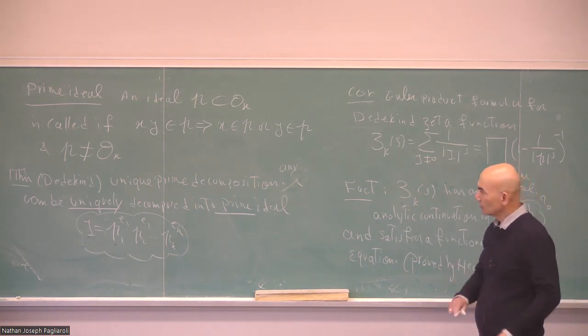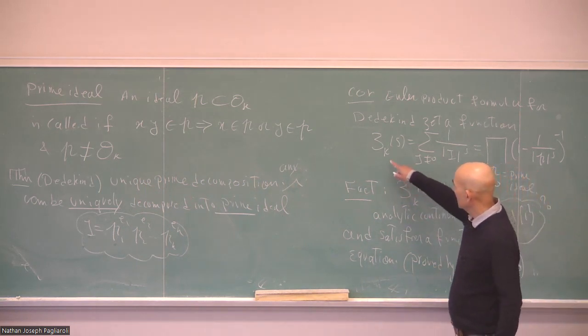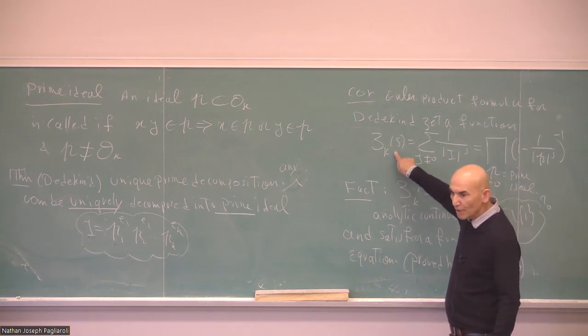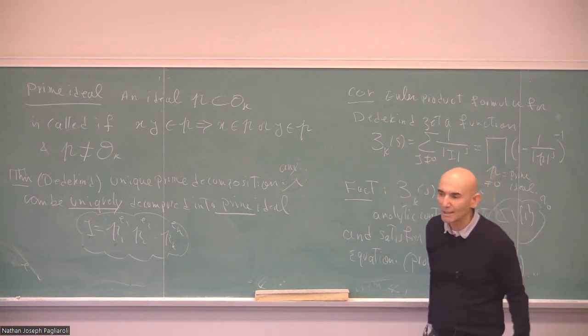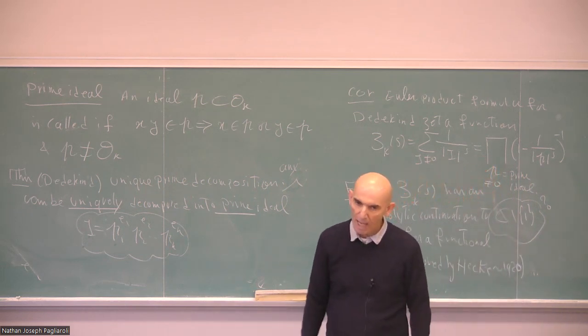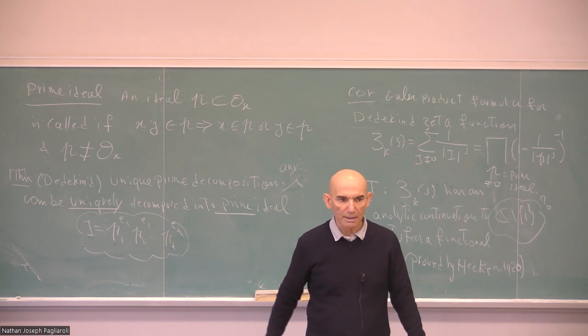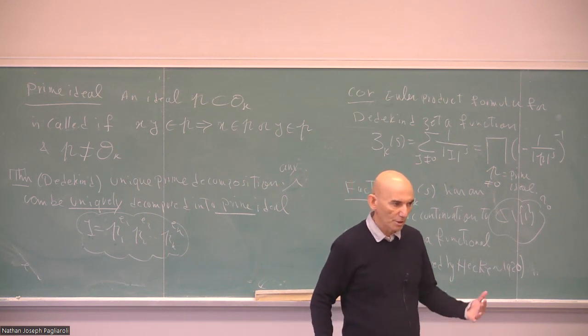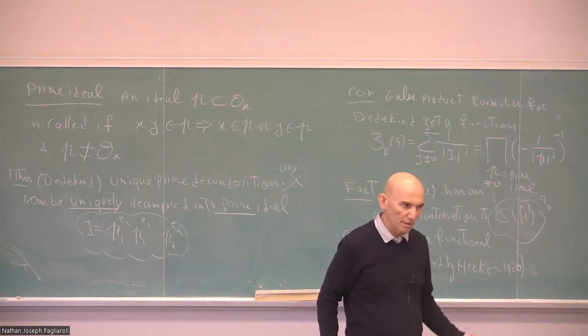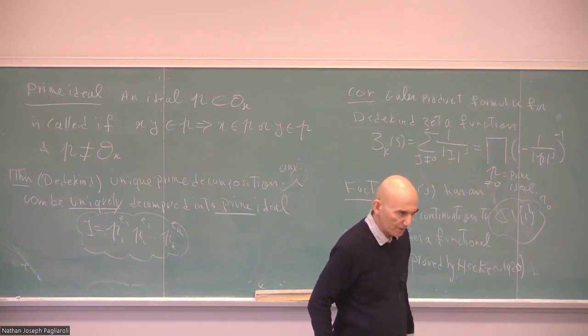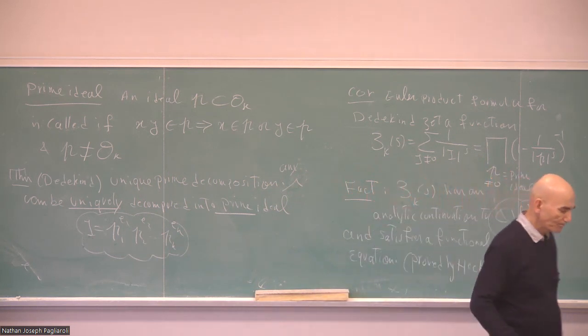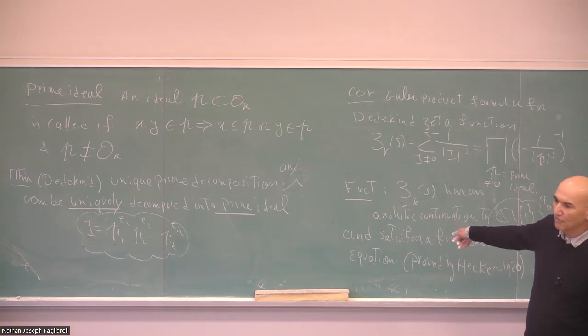So what I'm going to do then is study this zeta function for the special case of K equal to the field of Gaussian rationals. Then we will compute it exactly, and we will check one statement, which is the class number formula in terms of the residue of this zeta function at s equal to 1. This residue contains a lot of information about the number field.